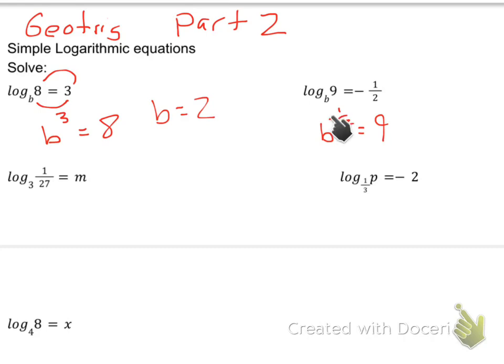We have something to the negative power. What happens when you have things to the negative power? Generally, they get brought to the basement. And so if it's in the basement, it has to become a 9 on top. So that's kind of interesting.